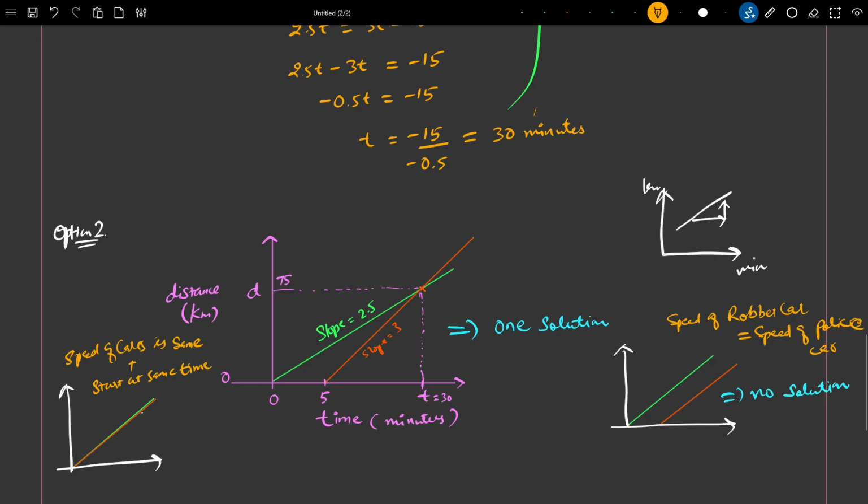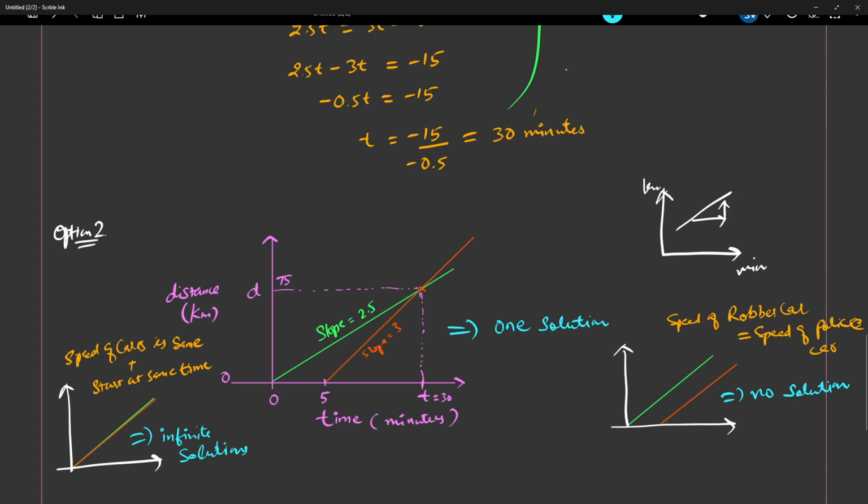This particular problem we call infinite solution. So these are the only three options in linear algebra.